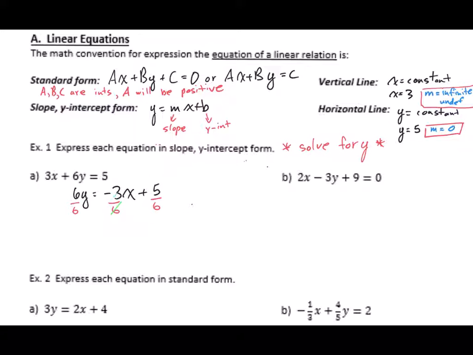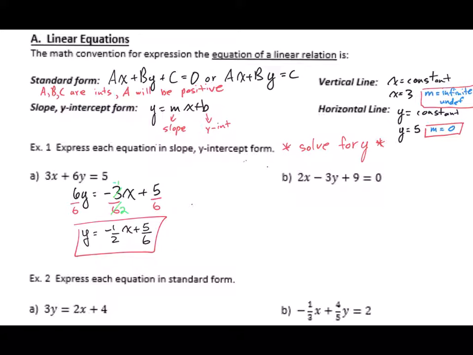This simplifies to -1/2, 6 over 6 goes away, and 5/6 stays the same. We have our equation, y = -1/2x + 5/6.